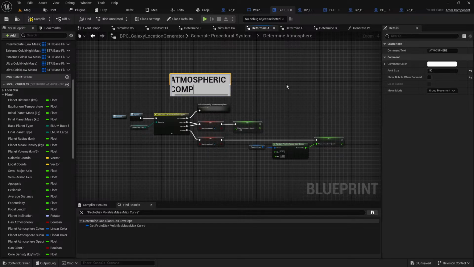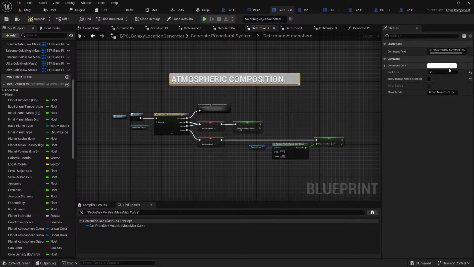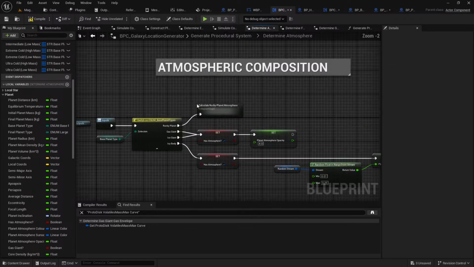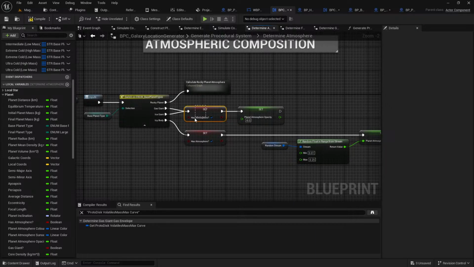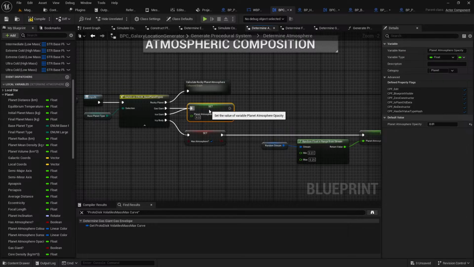This is now atmospheric composition. We've already determined whether or not there is an atmosphere. So we don't need that. Just do that for now.